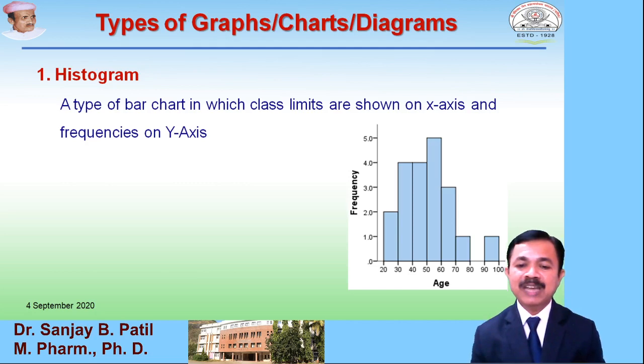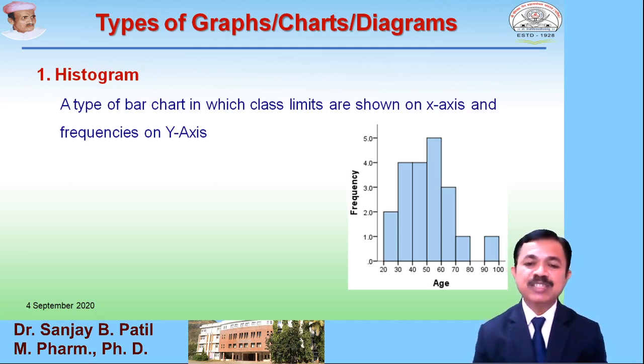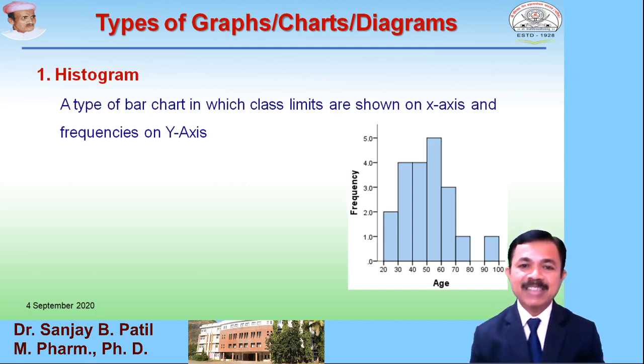For example, for class 20 to 30, if the frequency for this class is 2, a rectangle of appropriate width is drawn corresponding to the appropriate frequency of that class. Similarly, for all the classes, the adjacent rectangles are plotted.